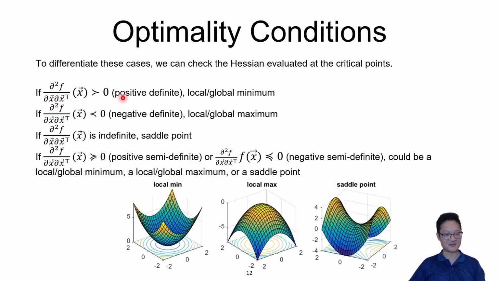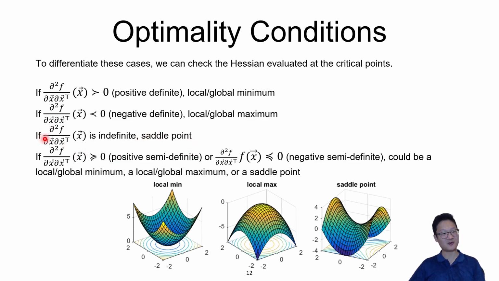If the Hessian is positive definite, then we have a local or global minimum. If the Hessian is negative definite, then we have a local or a global maximum, in this case. If the Hessian is indefinite, then we have a saddle point.